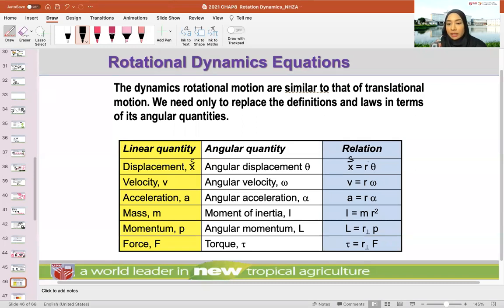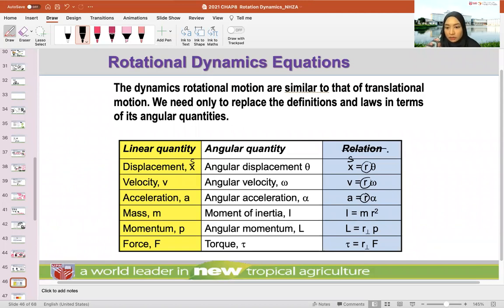They are related by R, radius. And then you have your velocity, linear quantity, and your angular velocity. They are related by radius R. So V equals R omega. And then you have linear acceleration, and you also have angular acceleration alpha. A is equal to R alpha.